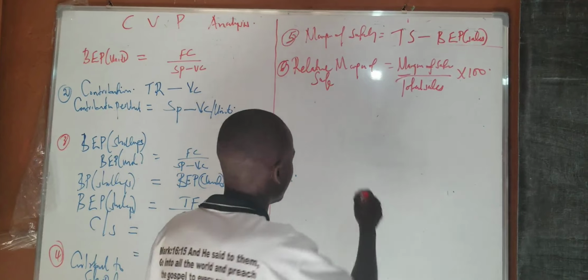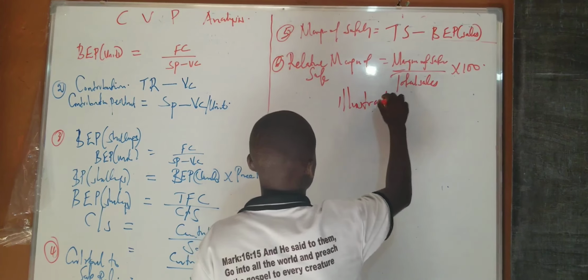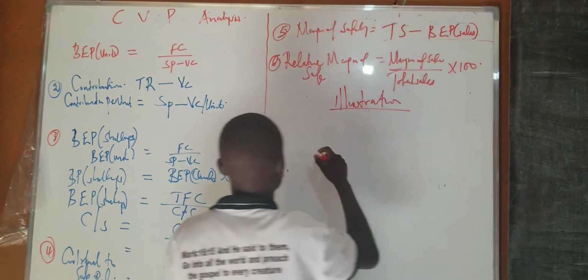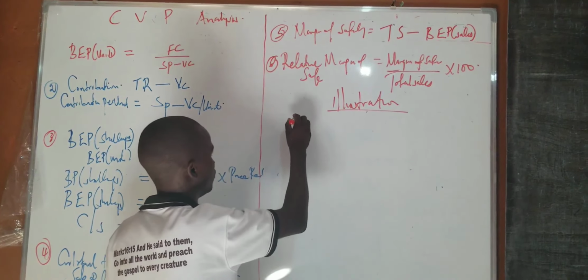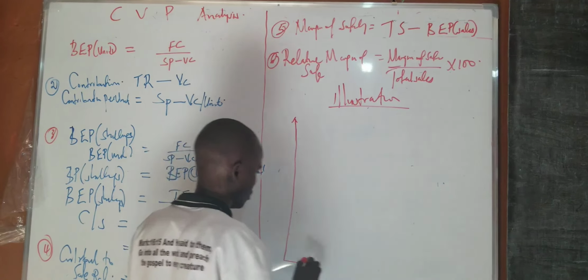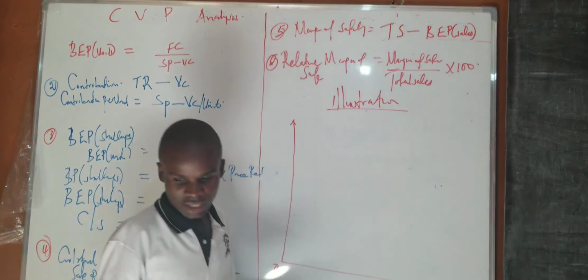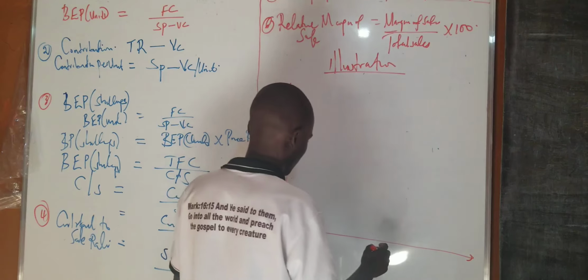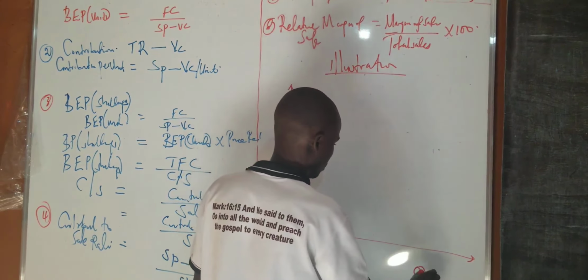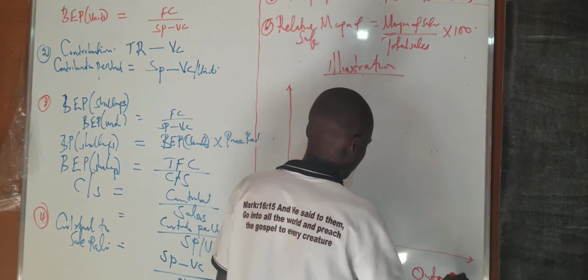We can sum this up by making an illustration. Assuming this is my output, this is my quantity, output, stock quantity.